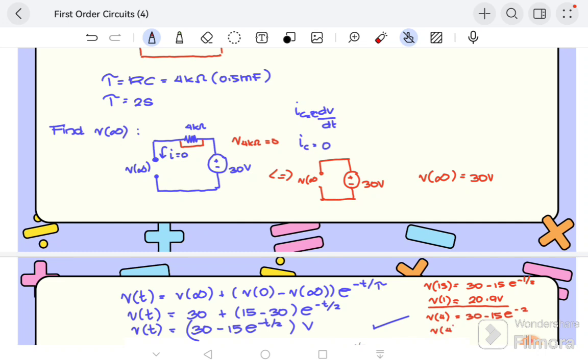So, V of 4 equals 30 minus 15 times e to the negative 2, which equals 27.97 volts. So again, our answer is V of t equals 30 minus 15 e to the negative t over 2. V at 1 second is 20.9 and V at 4 seconds is 27.97 volts.